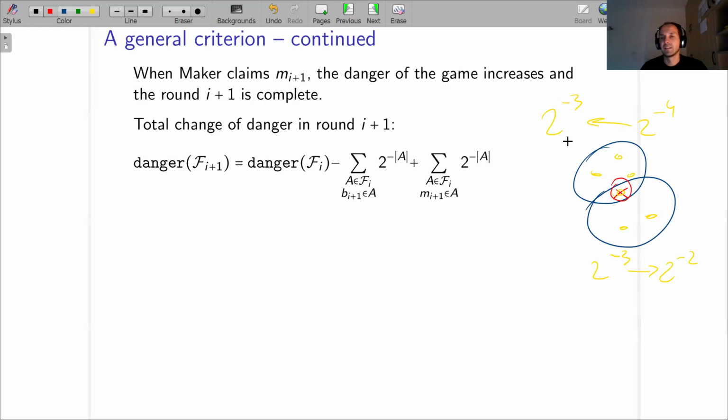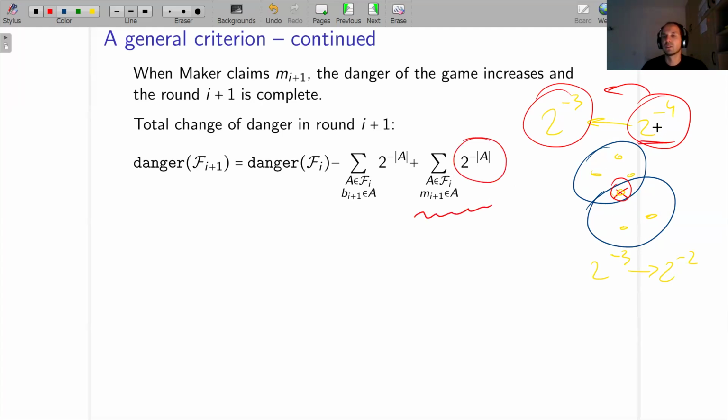That means 2 to the -4 is doubled, right? From 2 to the -4 to 2 to the -3, that's doubling 2 to the -4. So the danger after maker plays increases by all this, because doubling is adding the same value again.